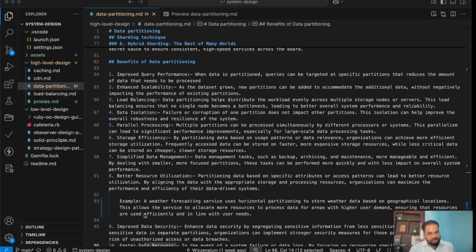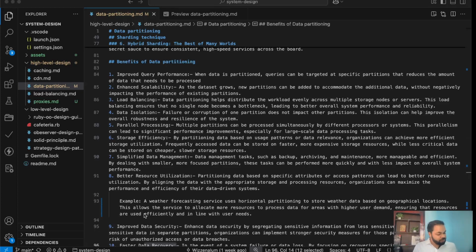Those processes are going to be easy for the manager, because now the partitions are small, so it will take less time. That's why data management is efficient now. Improved data security and then faster data recovery. Okay, cool. Now we are done with this.